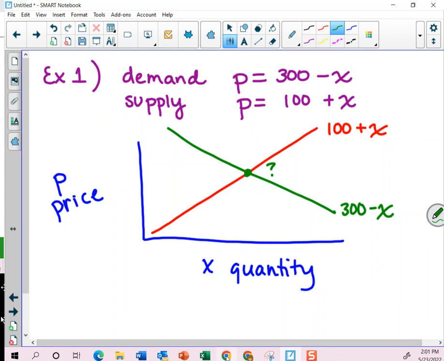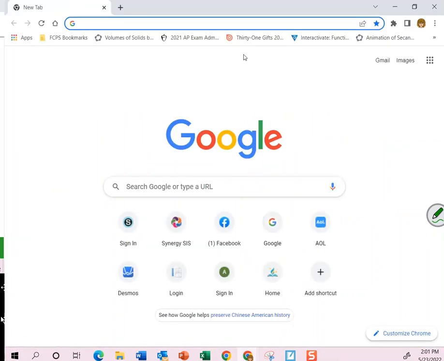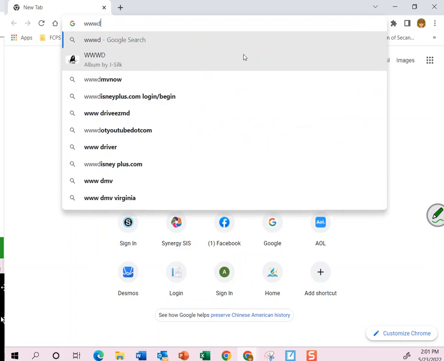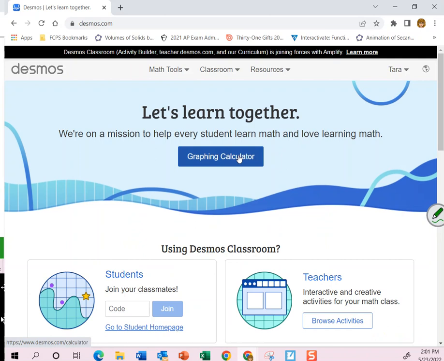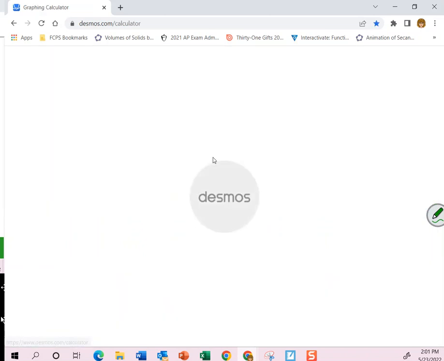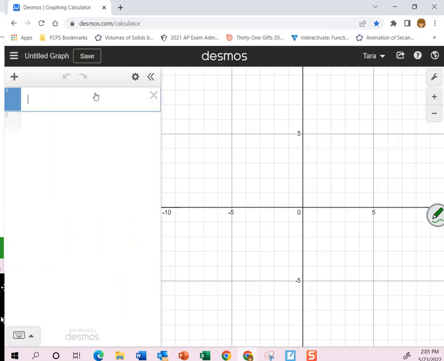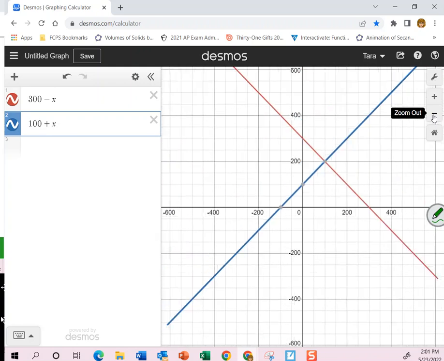Now, if you graph this in Desmos, 300 minus X and 100 plus X. Okay, zoom out.